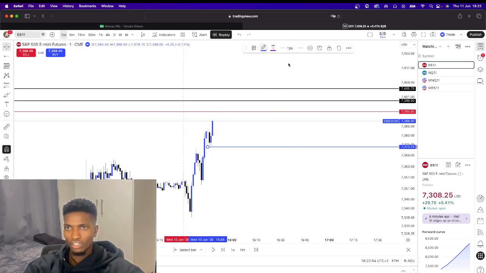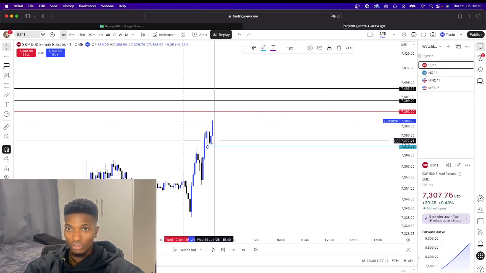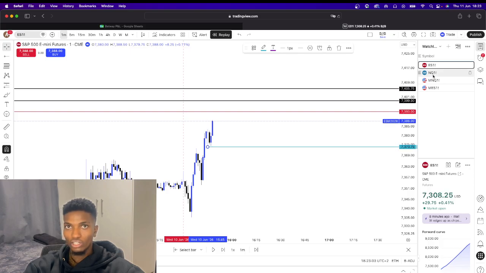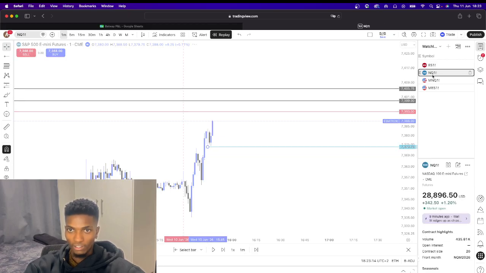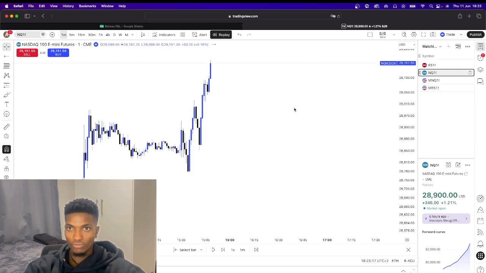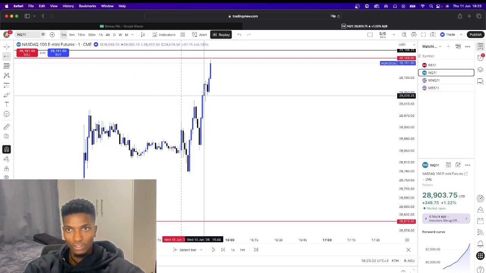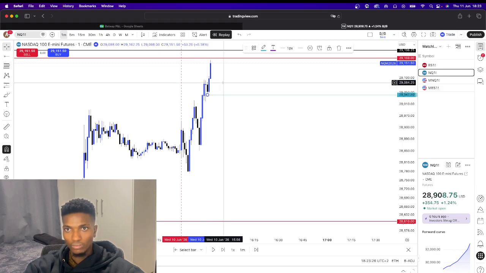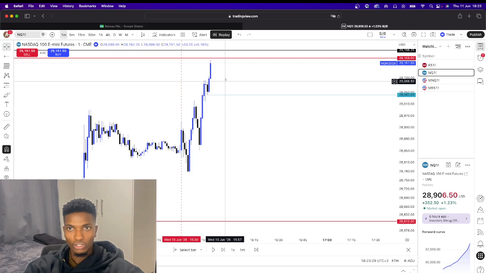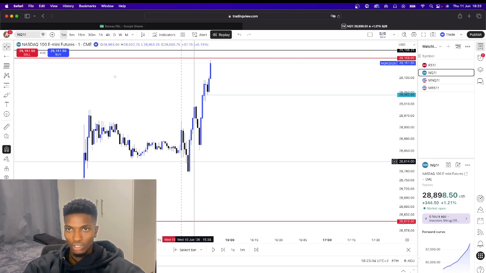Anyway, we're looking for a breakdown here on ES, because there's a low there. We're looking for the breakdown, filling a fair value gap or equilibrium. In this case, it's going to be equilibrium because we don't have fair value gaps. Then for Nasdaq, we're going to look for the same because we have a low down here. Actually for Nasdaq we have this fair value gap here, which we can invest.